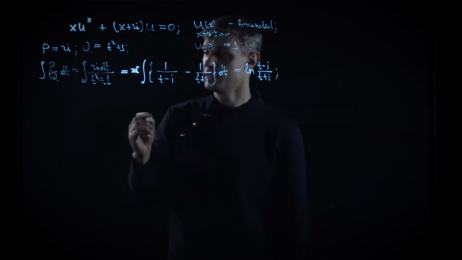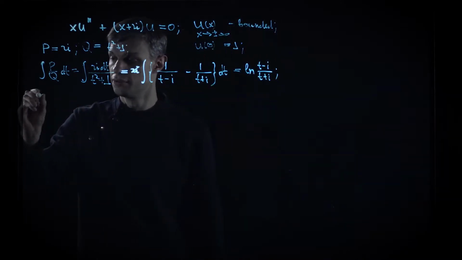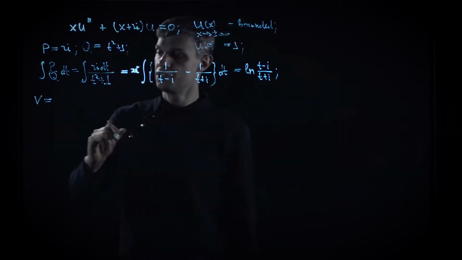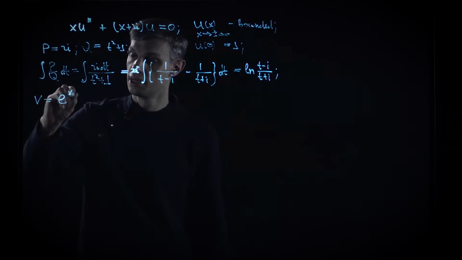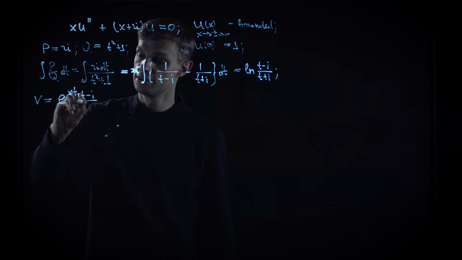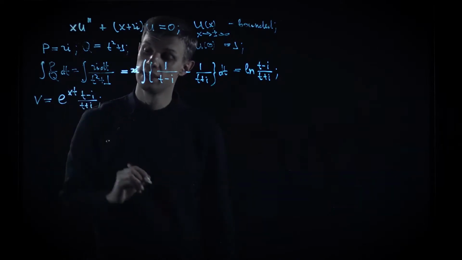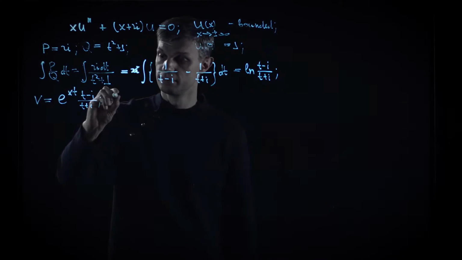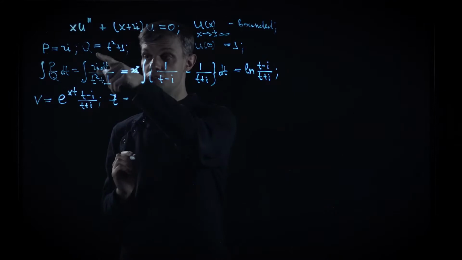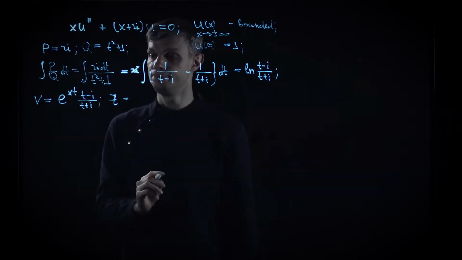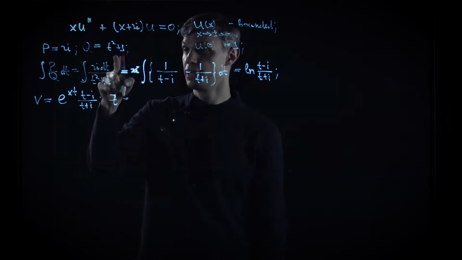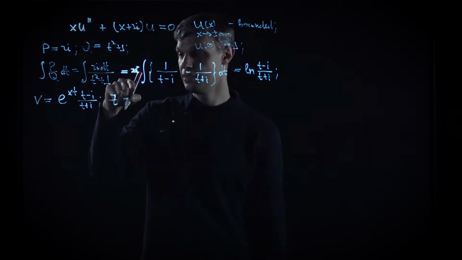Now we are ready to write down the constituent functions which define our solution, namely the V function, which is simply e to the xt times t minus i divided by t plus i. And the Z function, which is almost the V function but divided by the Q polynomial and without this exponential term. So it's t minus i divided by t plus i, multiplied by t plus i by t minus i in the denominator.